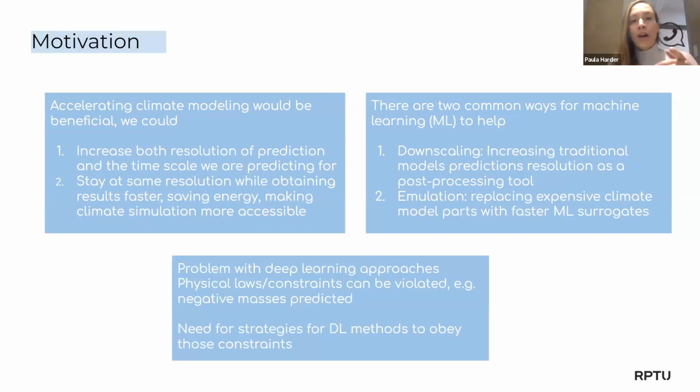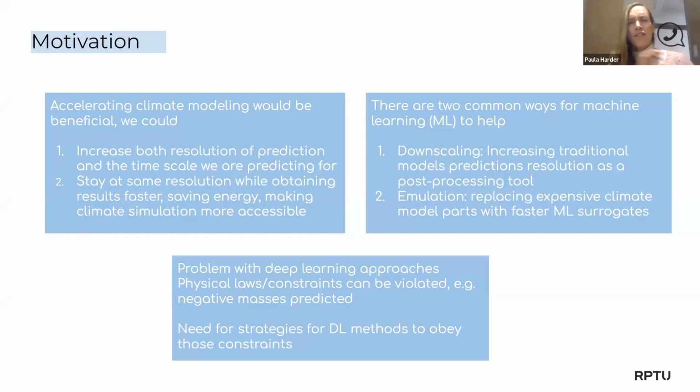One thing I ran into at the beginning of my PhD was, okay, I have this new network. It sometimes outputs negative masses. It doesn't conserve the aerosol masses that the original physical model conserves. We can't integrate that into a climate simulation, which then motivated me to look more into how to incorporate simple physical constraints into deep learning architectures.